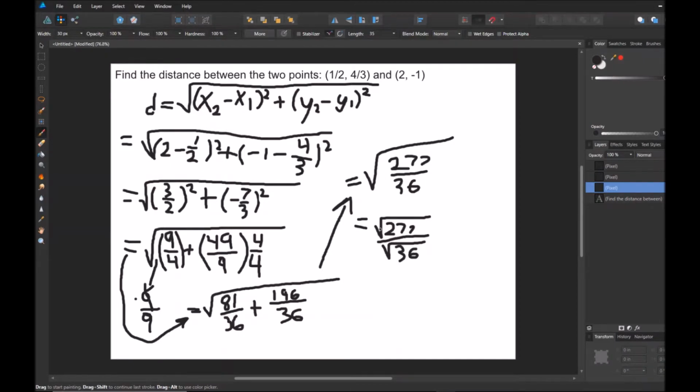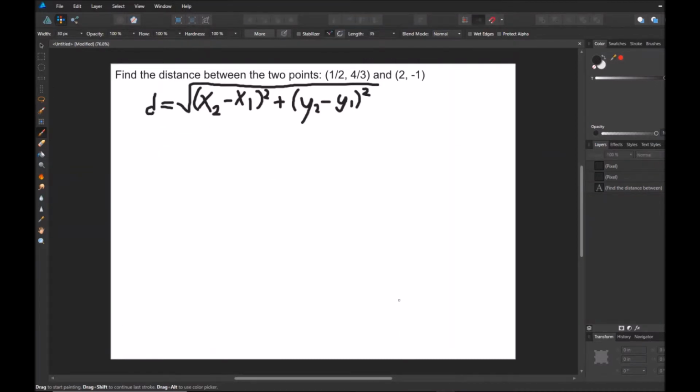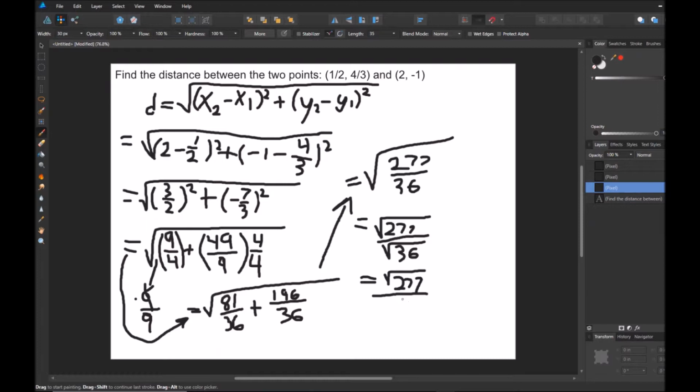The square root of 277 is a decimal number, so just leave it as the square root of 277. But the square root of 36 is 6, so we write that as 6. So your final answer would be that these 2 points are root 277 over 6 units away from each other.